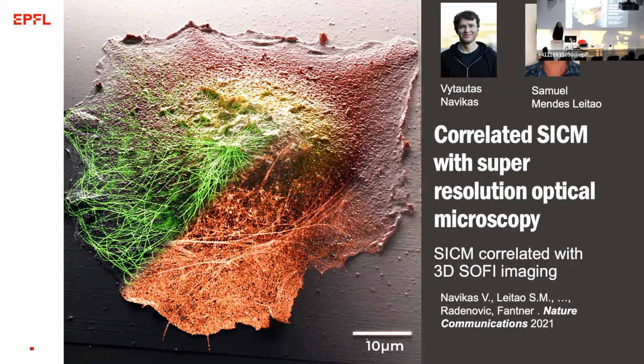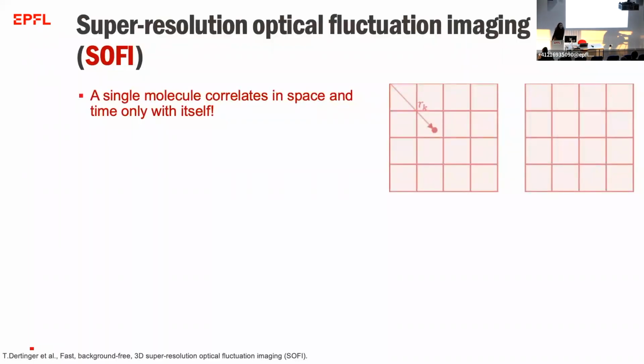Similarly as we did with the atomic force microscopy correlating it with photoactivated localization microscopy, this time, taking advantage of the big progress in the speed of SICM, we also had to correlate our images with modes of super resolution imaging that temporally match the timescales of the scanning ion conductance microscope.